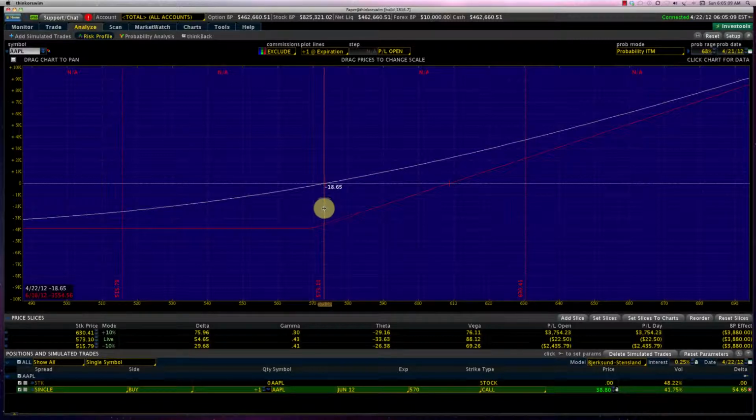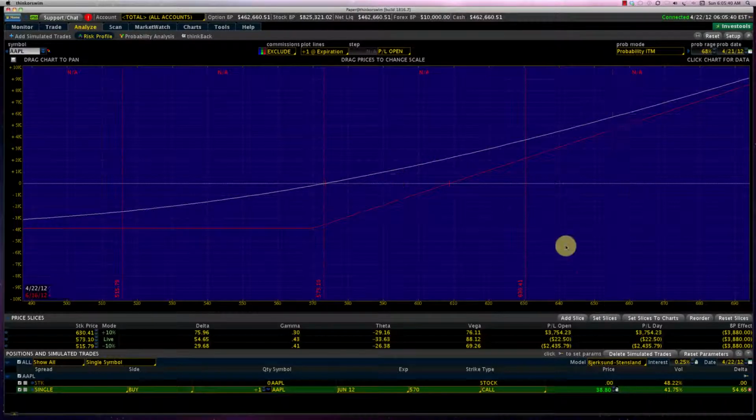So the thing to bear in mind is, you don't have to wait for expiry. If Apple makes a move in the direction that you want it to, then you're going to see immediate profits, perhaps in a day or two. So if Apple moves $20 tomorrow, which is very possible, you'll see a profit of $1,000. Now, always in any option position, the way you look at profit is as a return on your investment.